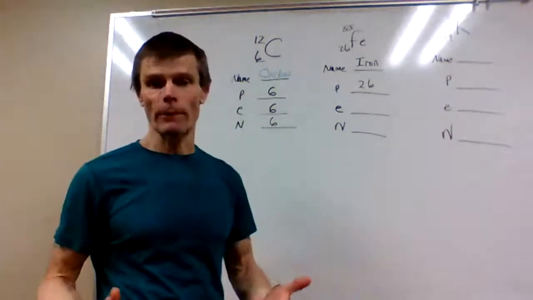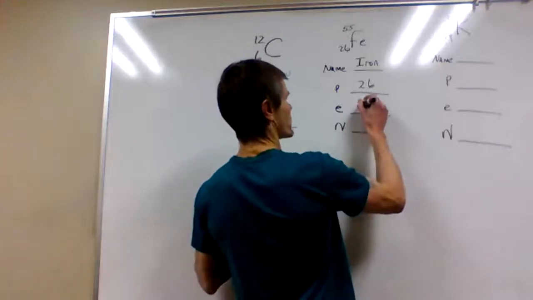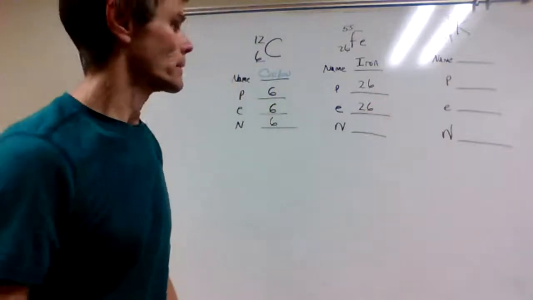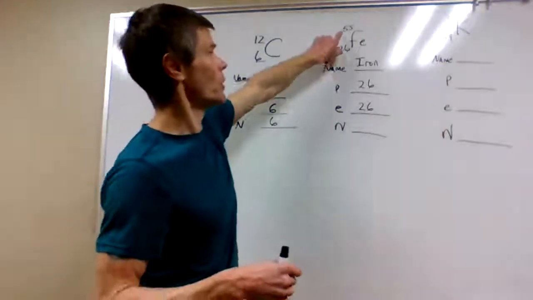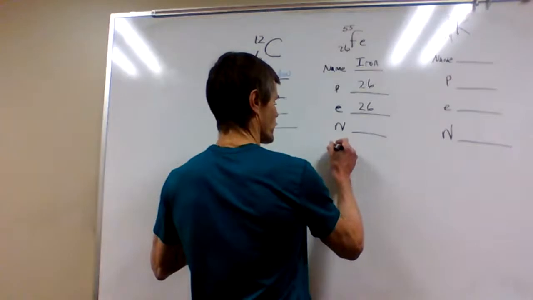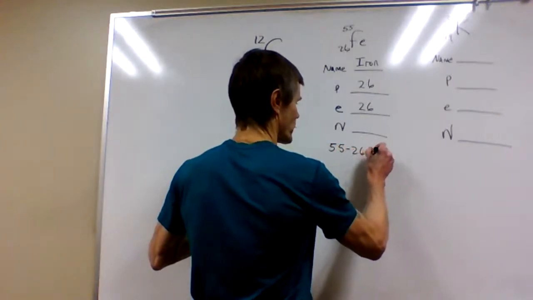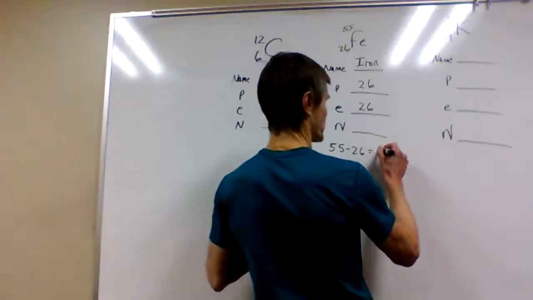Iron in its atomic form is neutral. It needs to have the same number of electrons as protons, which is 26. The number of neutrons is the mass number, which is the larger number, minus the atomic number. In this case, this would be 29.